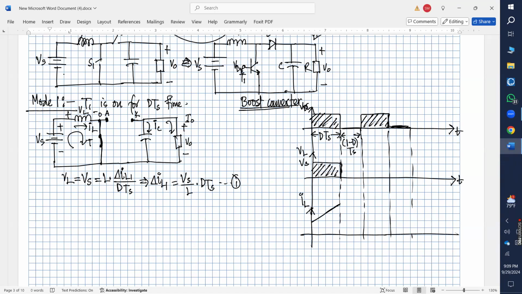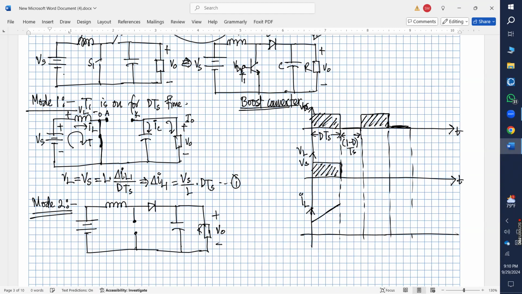So for mode 2, what will happen? For mode 2, this switch will turn off, and the circuit will look like this. Okay, one more thing.